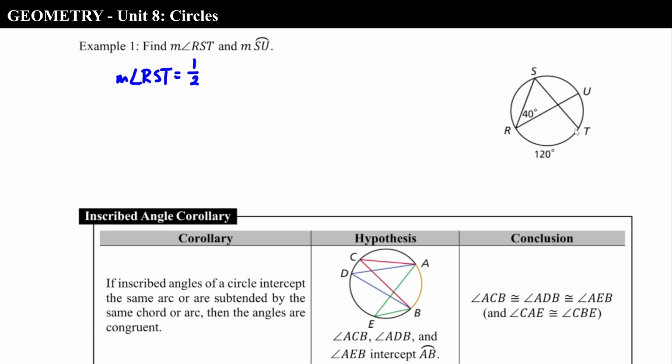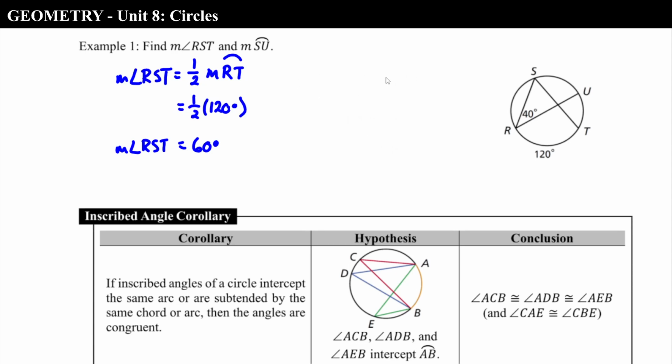RST is here, and so the intercepted arc is RT. The measure of RT, our intercepted arc, is 120 degrees. So 1/2 of 120 degrees is 60. So that is the measure of angle RST.